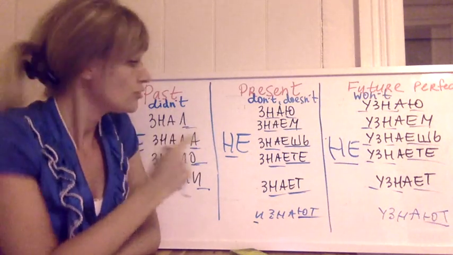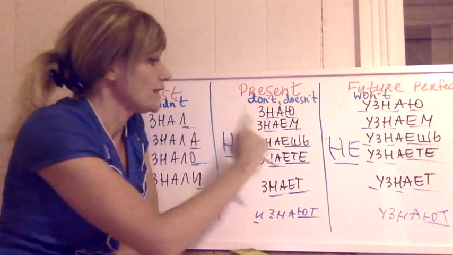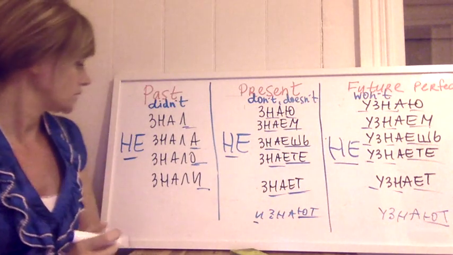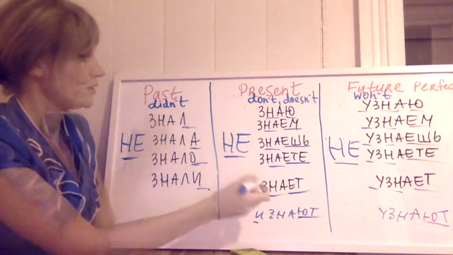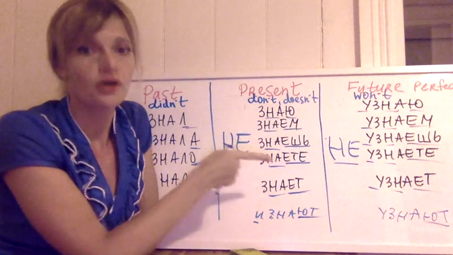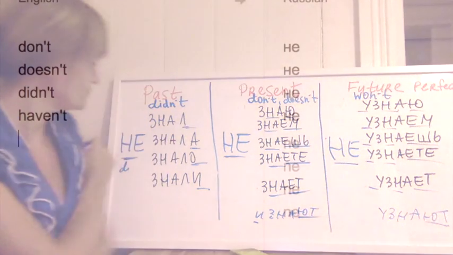I don't know, я не знаю. I will never know, я не узнаю in the future. Okay? So that's the easy part. Didn't, don't, won't: не, не. Always. Good, that's simple.